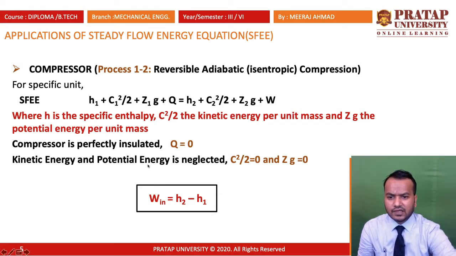Then kinetic and potential energy should be neglected. So we neglect the kinetic energy and put these assumptions into the steady flow energy equation. You find that the power input to the compressor should be H2 minus H1.